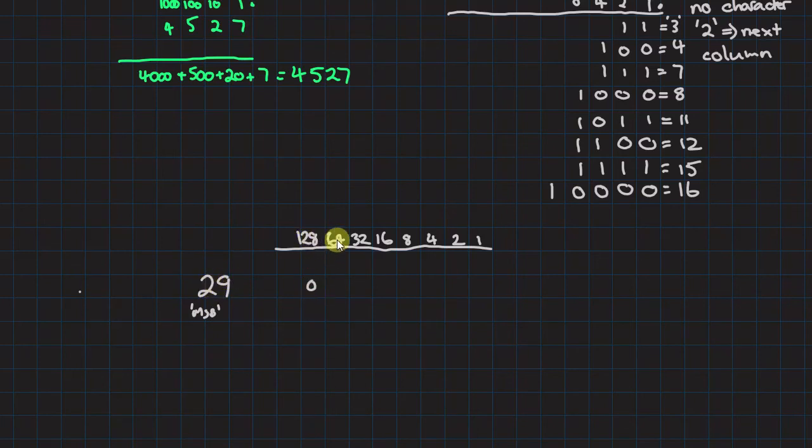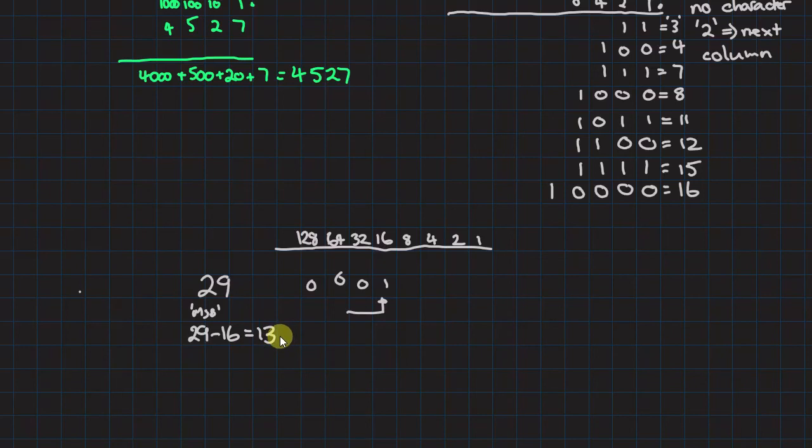No. 64? No. 32? No. 16? Yes. That's my most significant bit. So now I've managed to code the 16. So I minus the 16 from it, and that gives me 13 left.